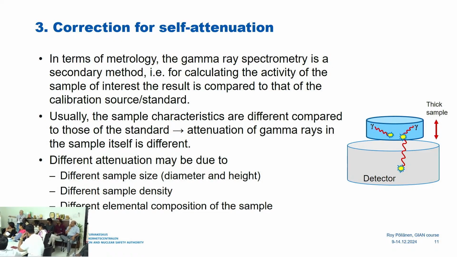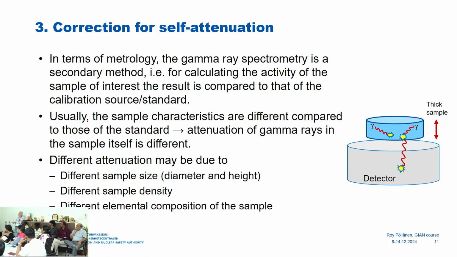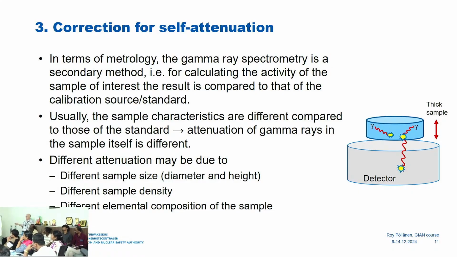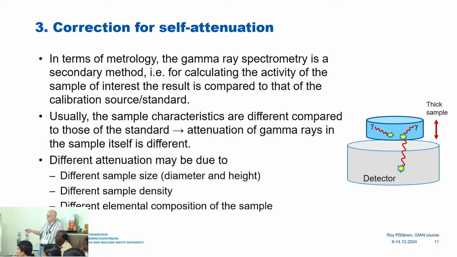However, the energy of this gamma is different than the original gamma, so this doesn't go to the full energy peak. So different attenuation may be due to different sample size, I mean diameter and sample height, different sample density, and of course different elemental composition of the sample.